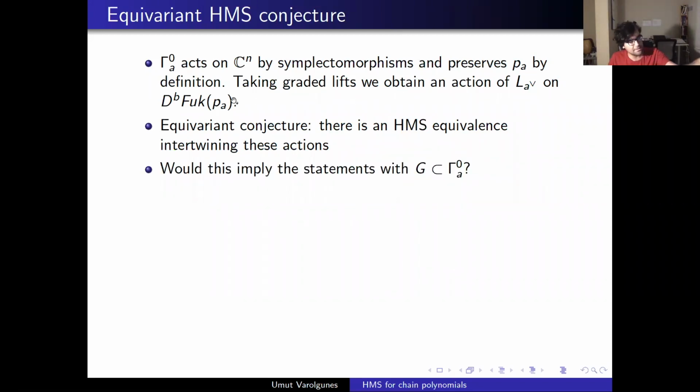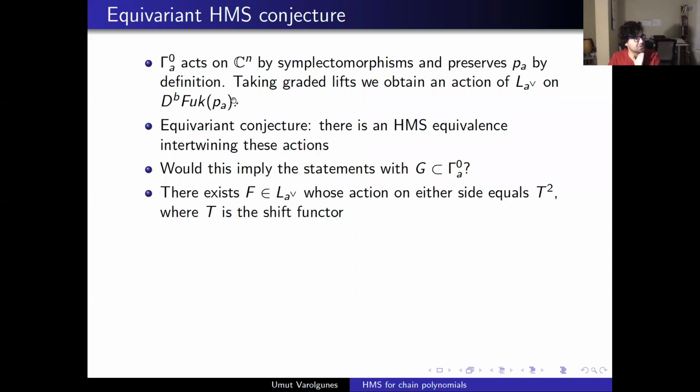There's all these kind of statements about changing the symmetry group in this story. If there are any experts, maybe they can tell me, if you prove this equivariant version of the conjecture, would everything be implied by this? There is some way of orbifolding both sides, etc. Let me skip more discussion.